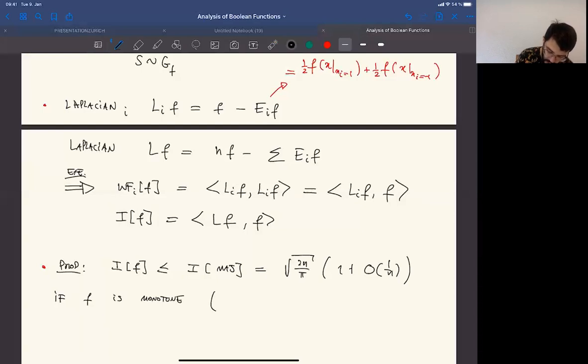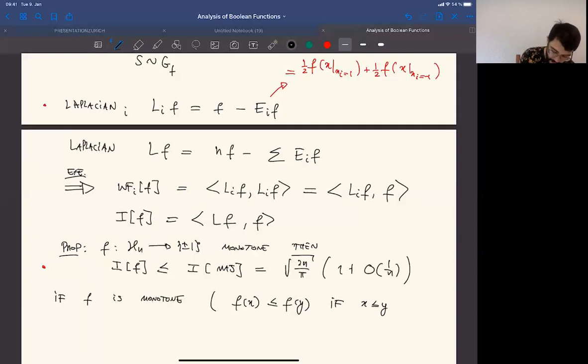Okay, what monotone means is that f of x is less or equal than f of y if x is less or equal than y. So it should say here, and here monotone means this.